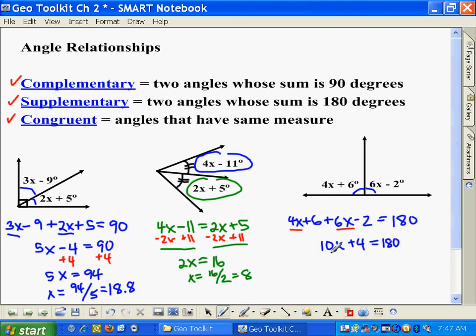We subtract 4 on both sides, so now we get 10x equals 176. Then when we divide by 10, x equals 176 divided by 10, and that equals 17.6. So there you go.